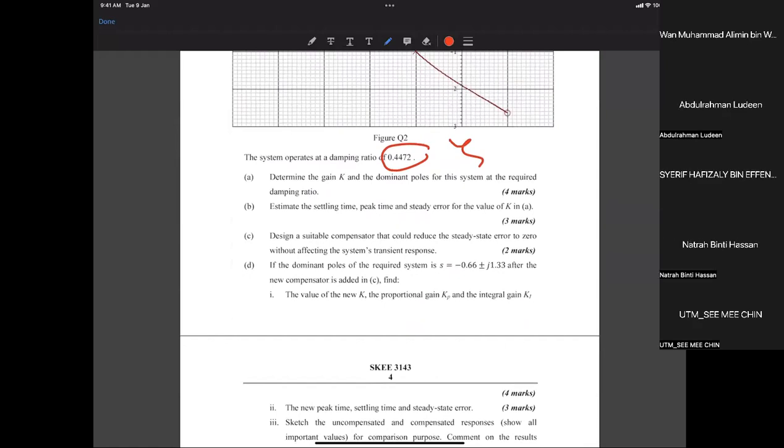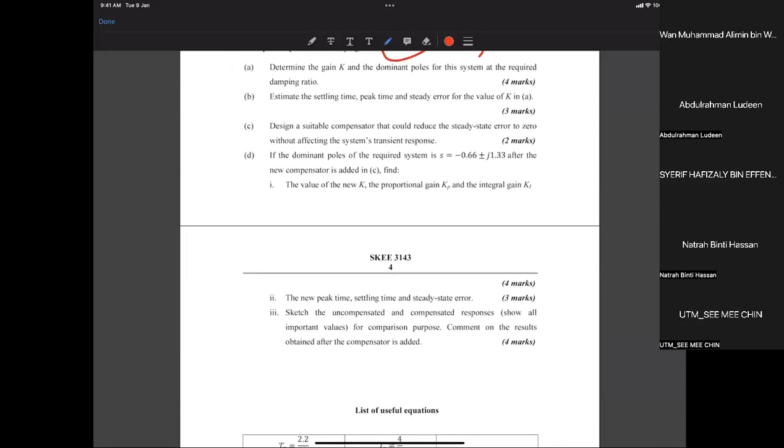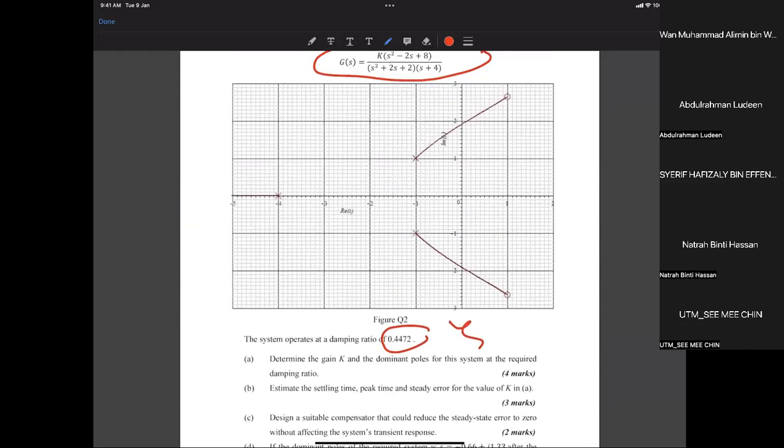D. If the dominant poles of the required system is s equals negative 0.66 plus minus j 1.33, after the new compensator is added in C, find the value of the new K, the proportional gain Kp, and the integral gain Ki. The new peak time, the new settling time, and steady state error. E. Sketch the uncompensated and compensated responses, show all important values for comparison purposes. Comment on the results obtained after the compensator is added.